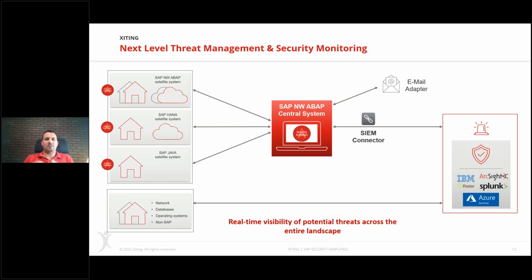Within a second, an email goes out or an alert goes out to the SIEM through the security architect, because we're doing active monitoring of the system. So if someone assigns SAP_ALL, and I take it off 2 seconds later, it will still be captured and reported. That's what the SIEM connector does.